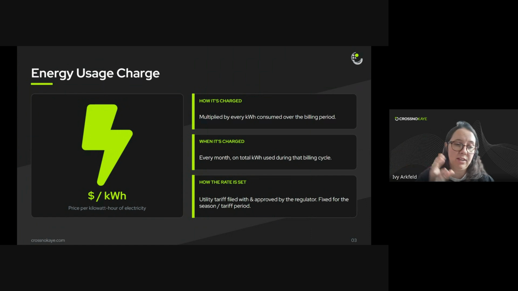And multiply it by this rate, so $1 per kilowatt hour, to get your cost. So every month this is charged. It's typically going to be on your total kilowatt hour used during that billing cycle. So you'll see it on your bill. And how that rate is set is, first off, the utility rate tariff is filed. They approve it with the regulator, and it's fixed for the season/tariff period.